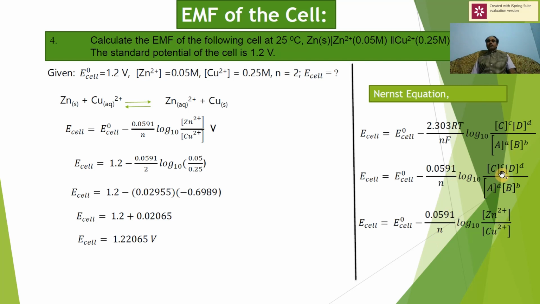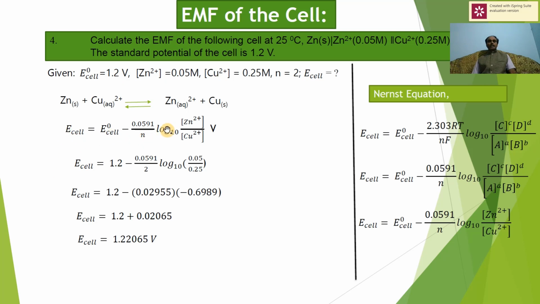In the numerator I have to write Zn2+ because it is on the product side, and Cu2+ is on the reactant side. So you have to write molar concentration of Zn2+ divided by Cu2+. This is the suitable equation to calculate the EMF of the cell for the present problem.